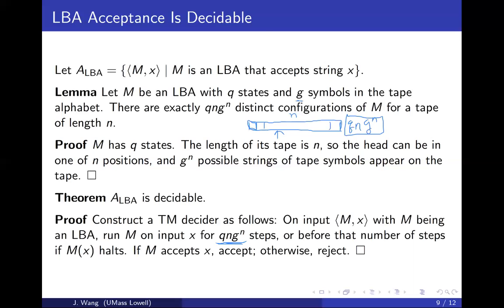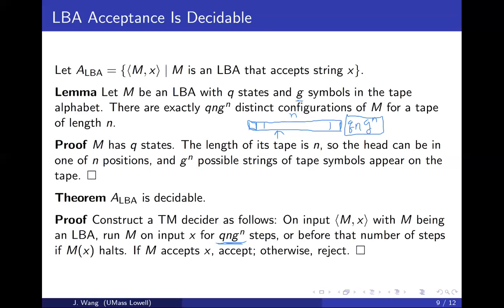If M doesn't accept X after these many steps, which could halt at a reject state, or it doesn't halt, then the decider will simply reject it.